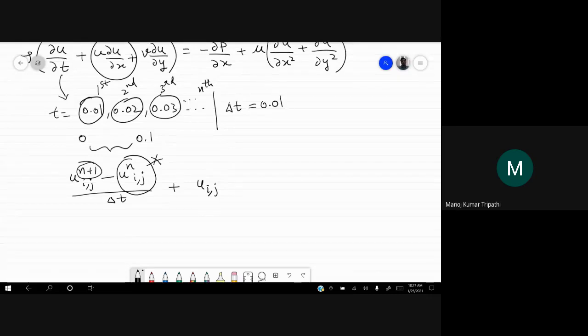Let us use forward difference here also. u at i plus 1, j minus u at i,j, by delta x. But here, which time do you take for all these velocities? The current time step, that is n, or do you take n plus 1, or do you take n plus 1 for all of them?